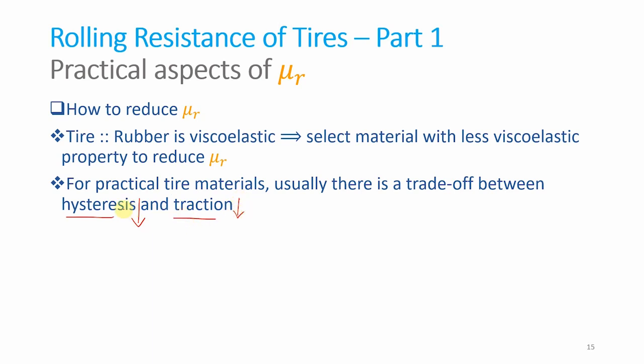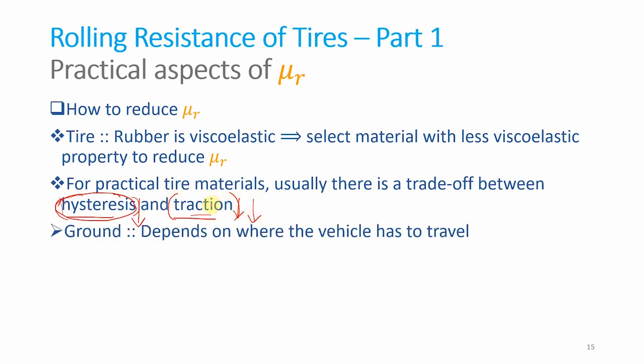So the viscoelastic material or the rubber under consideration should have some hysteresis, or the material which has this traction ability will have some hysteresis property attached to it. If you try to reduce the hysteresis, then the traction is going down. This is what is observed usually.